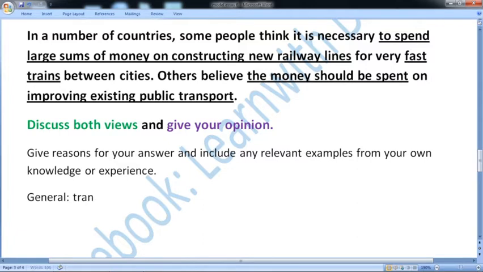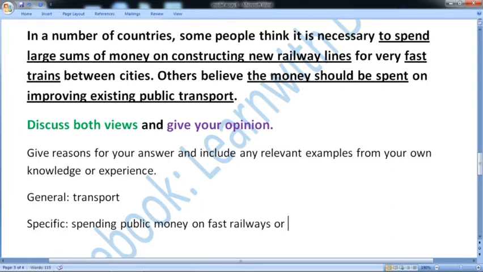General topic is transport, and specific is spending public money on fast railways or already existing public transport.